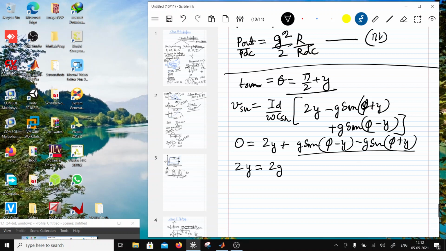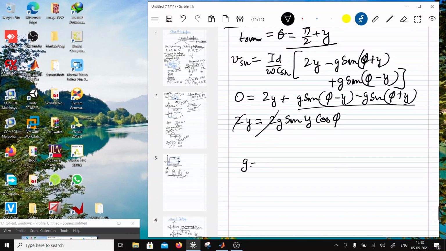If you simplify this, sine of a plus b is sine a cos b plus cos a sine b. Sine of a minus b is sine a cos b minus cos a sine b. So if you simplify this, you are going to get twice of g sine of y cos of phi, and then g is equal to y divided by sine of y cos of phi.